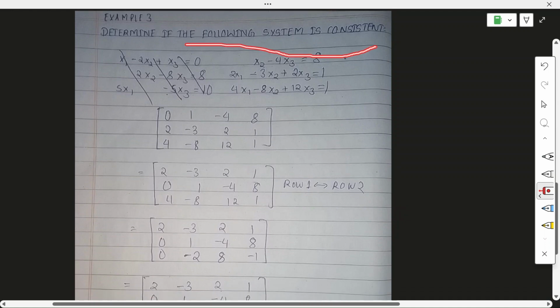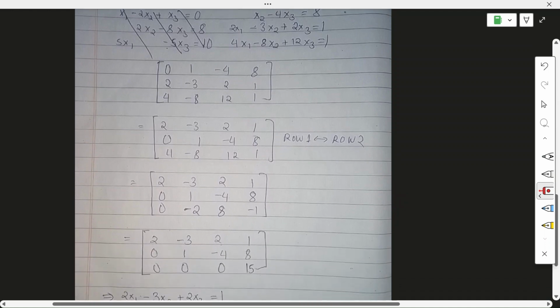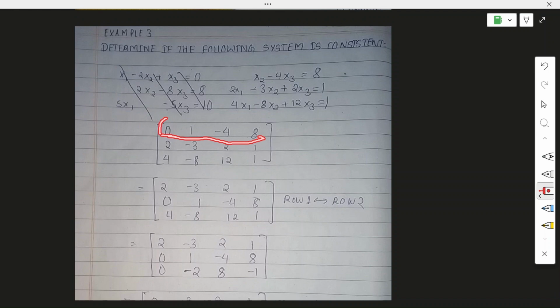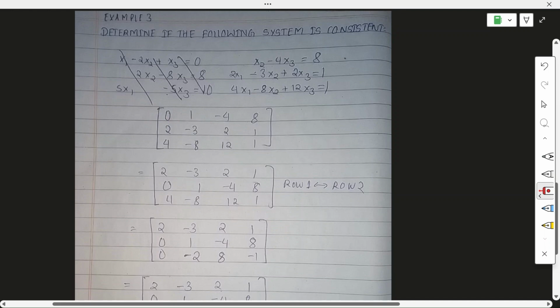Determine if the following system is consistent. We interchange when the first element in the first row and first column is 0, so that we can make pivots.